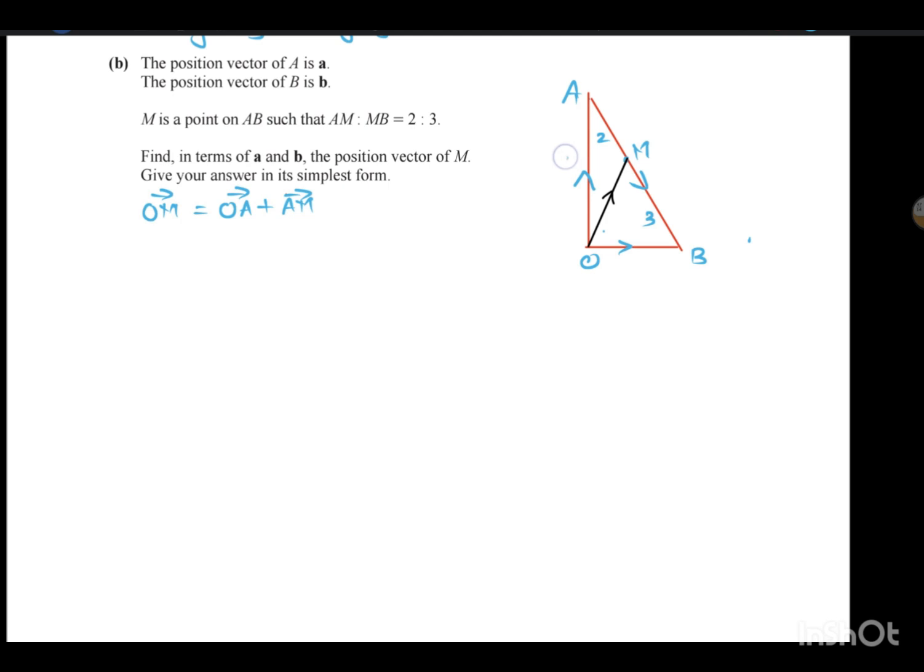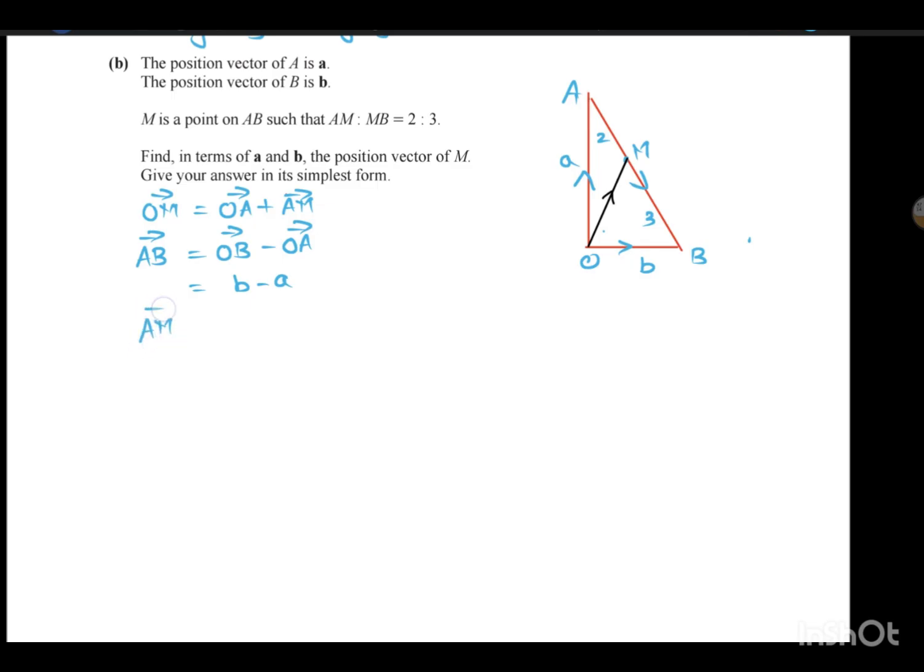We know what OA is. OA is a, OB is b. Now to find out AM, we should know what AB is first. So AB is how much? AB is equal to OB minus OA, that is b minus a. Now using this AB, we can find out AM.